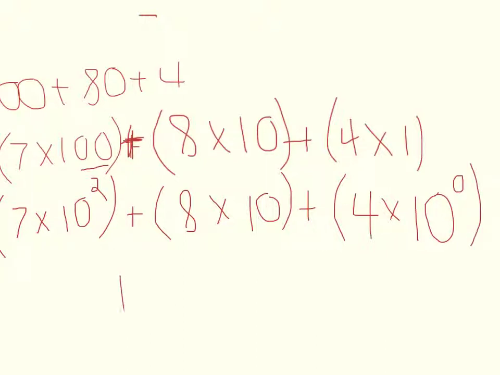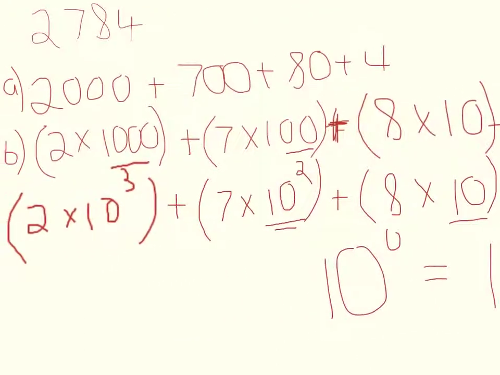10 to the power of 0 always equals 1. Please remember that. Because here we really only have a place value of 1. Here we have 1 ten. Here we have 10 times 10.